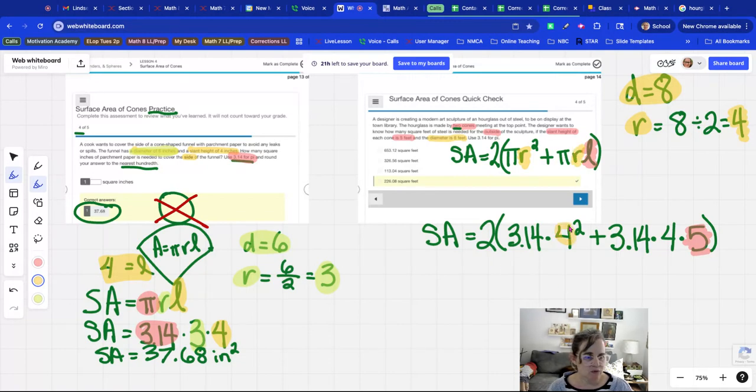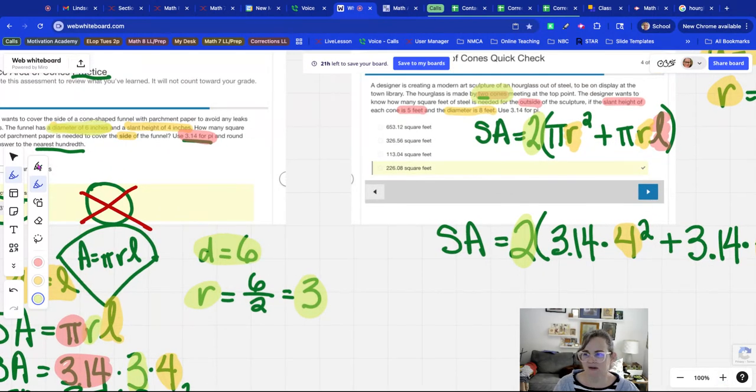I'm going to square the radius here, and I'm going to multiply by the radius here. Everything else in the formula doesn't change. Pi is there. Remember we did this 2 on the outside because there were 2 cones. Okay, let me see, I've got one more color so I can show you that. So there were 2 cones, and that's why I have this 2 here and here. Okay, I'm going to zoom in on this a little bit. Oh yeah, that's better.